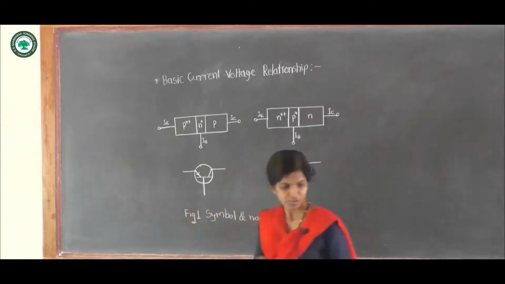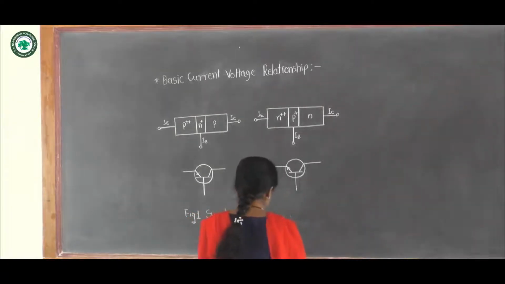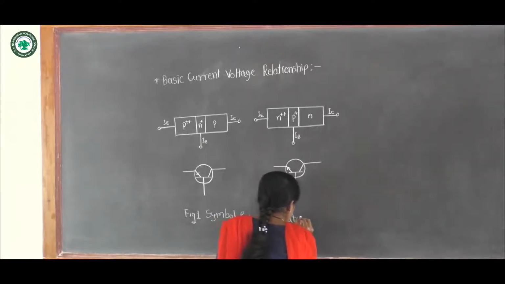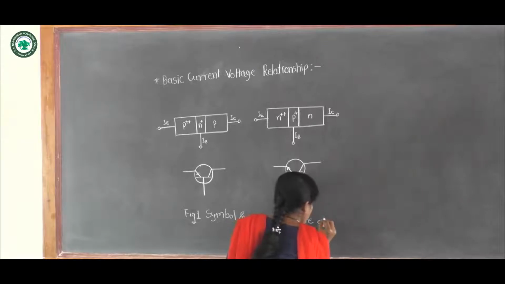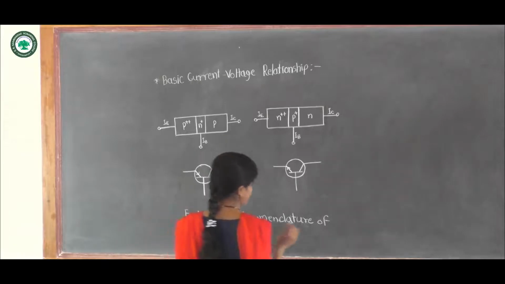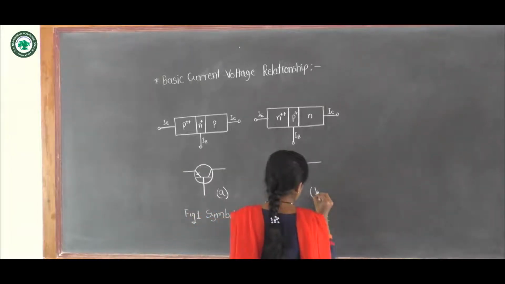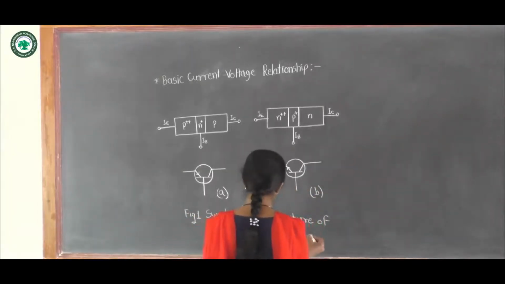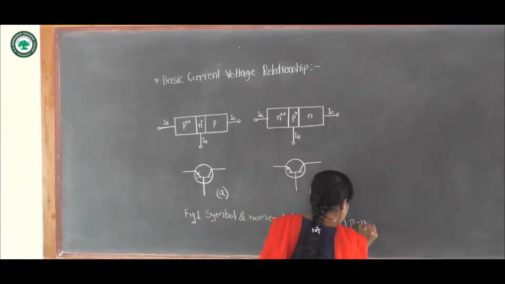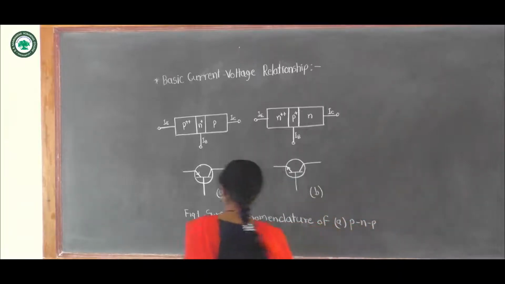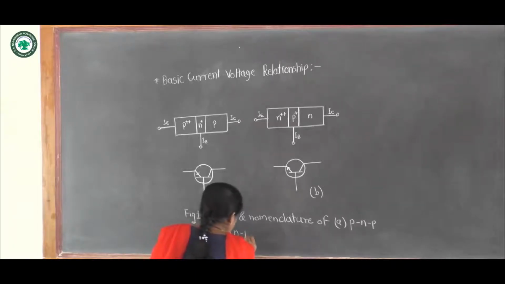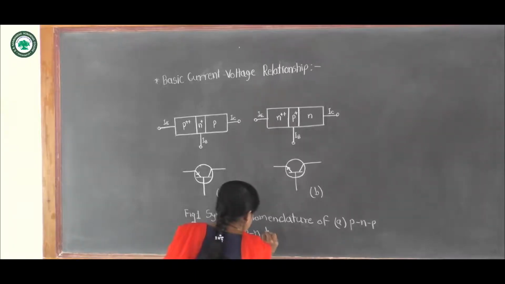Symbol and nomenclature of PNP and NPN transistor. This is figure A, which shows symbol and nomenclature of PNP transistor, and this figure B shows symbol and nomenclature of NPN transistor.